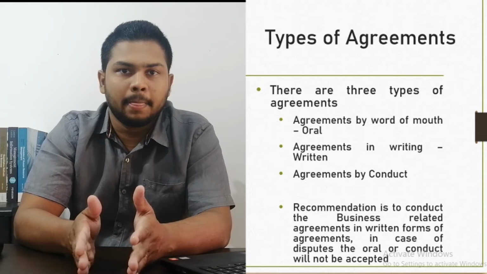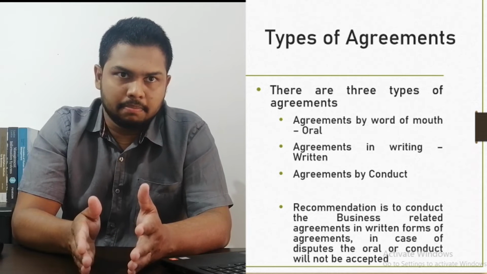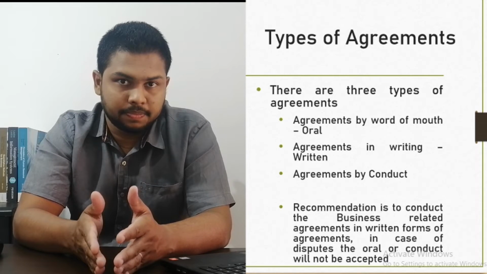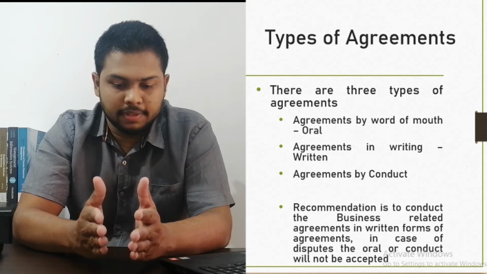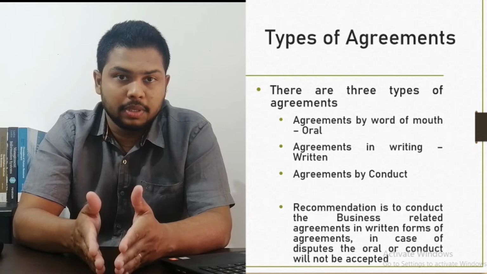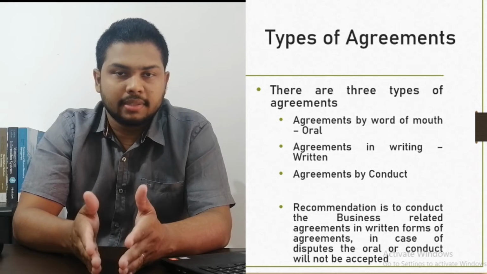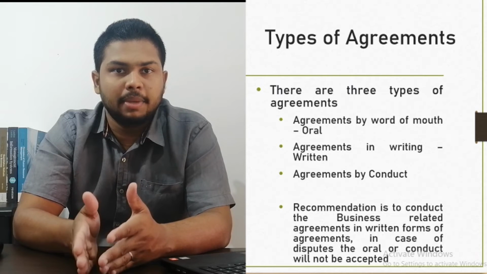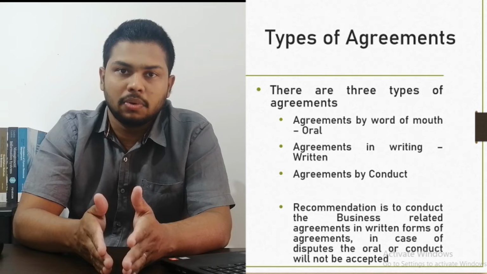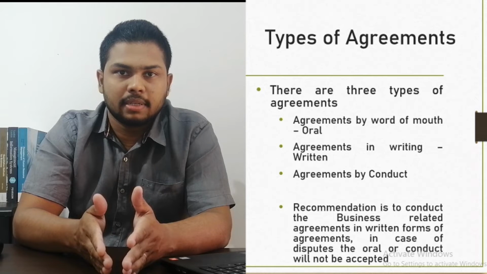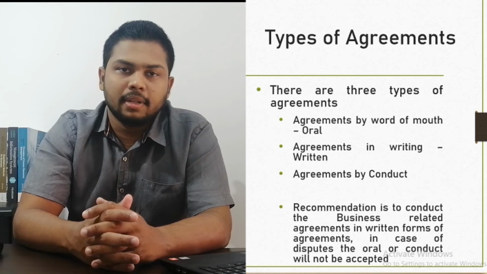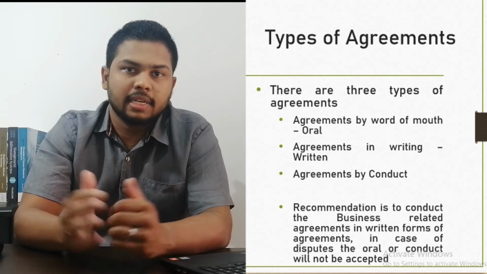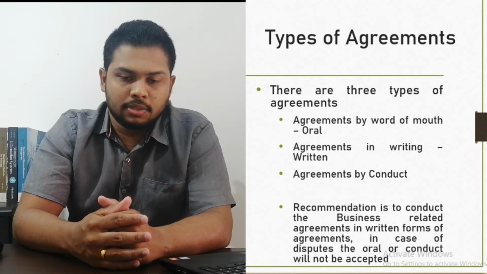But you must remember one thing. In a dispute, even a trade dispute, one of these three elements will be taken into consideration by the court of law in a breach of contract. Let's take the oral way of creating contracts as an example.